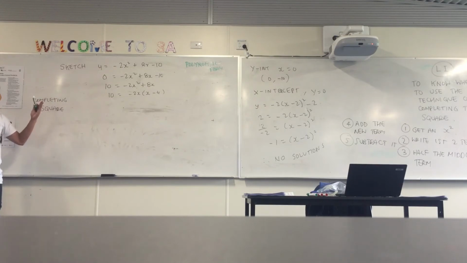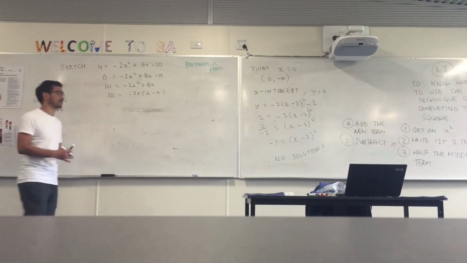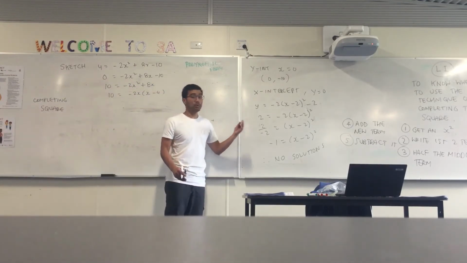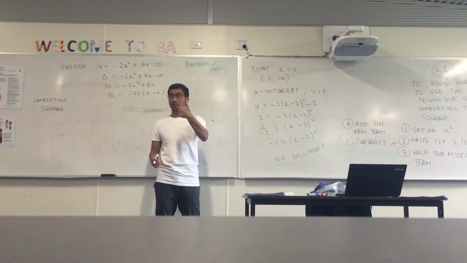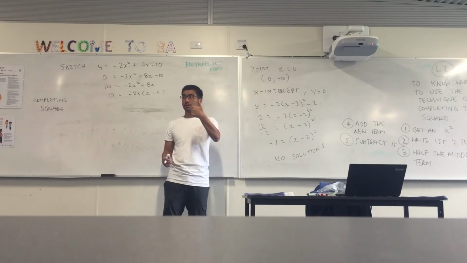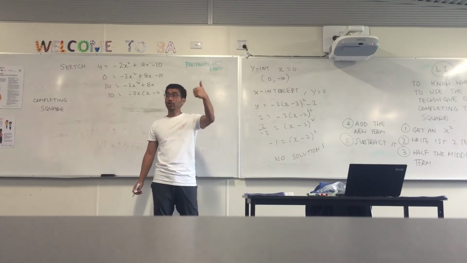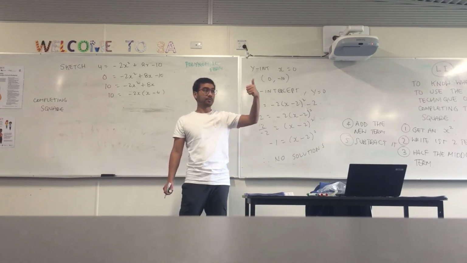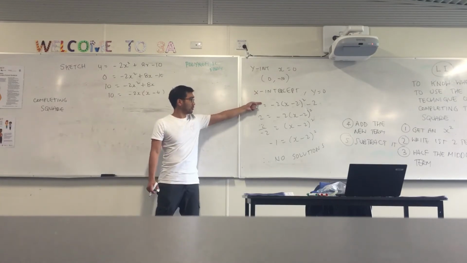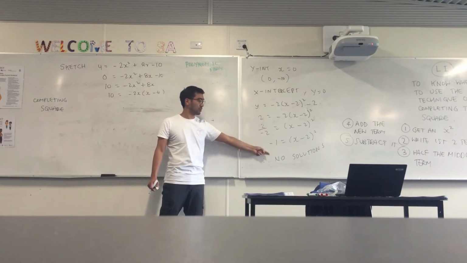Completing the square is a lot of work, but the advantage is you get to see it in turning point form. You find the turning point clearly, and you can prove also clearly if there are solutions or not.